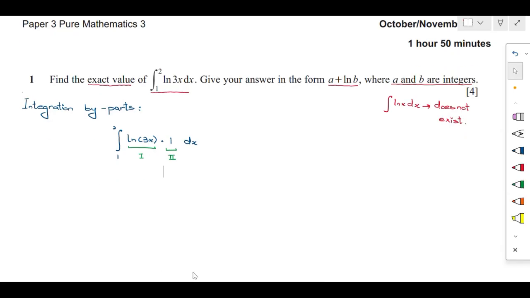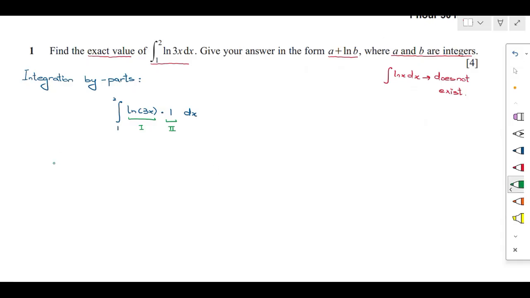Now in integration by parts, we take the first function as it is, natural log of 3x, times the integration from 1 to 2 of the second function 1 dx, minus the whole integration from 1 to 2 of the derivative of the first function and the integration of the second function 1 dx, with respect to dx.